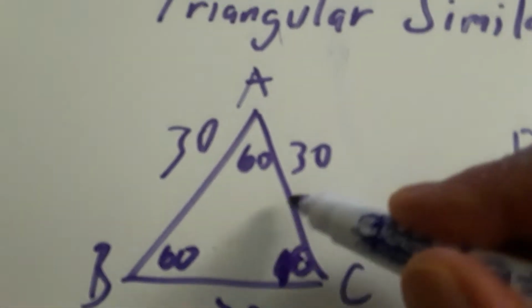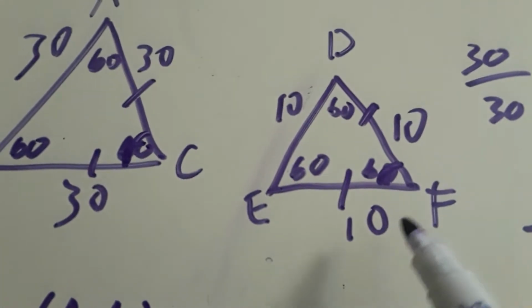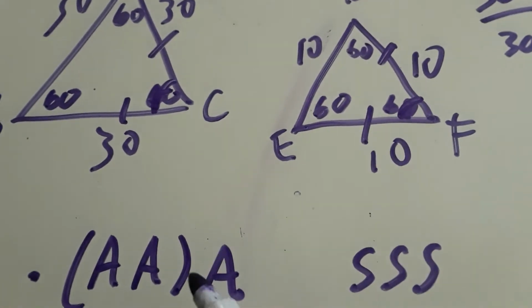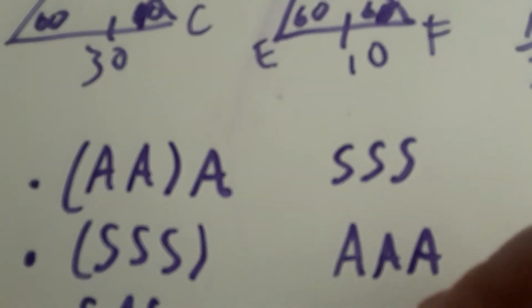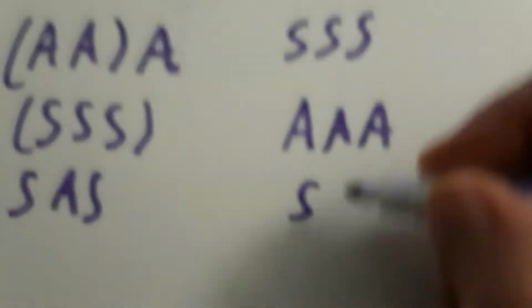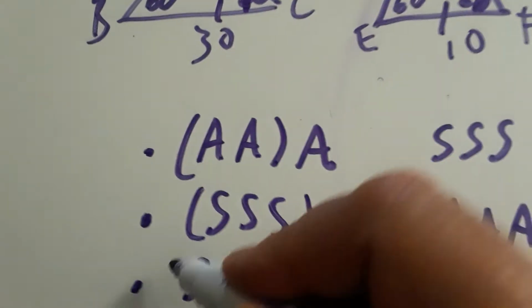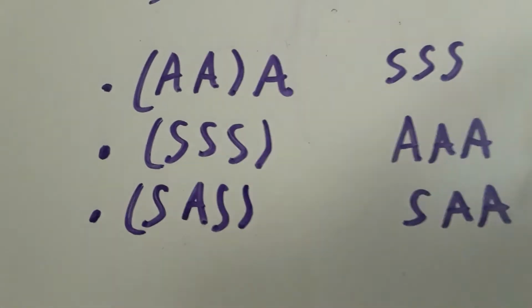There's an angle in here that's in between two sides. So if you prove that an angle has the same measure, say angle C has the same measure as angle F, and that the two sides that surround it are proportional to the corresponding sides on the other triangle, then by definition, the remaining side is going to be proportional and the other two angles will be equal. So again, I'm going to put that in brackets.